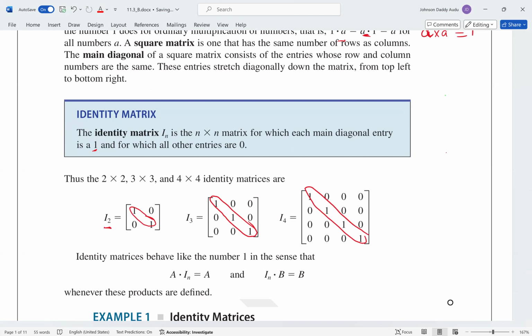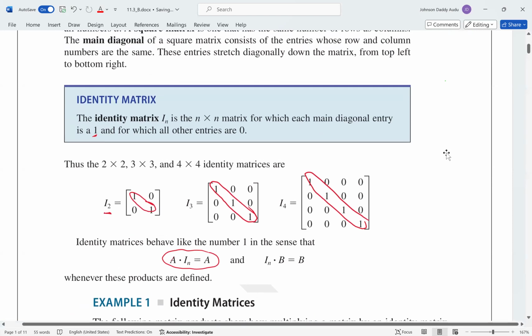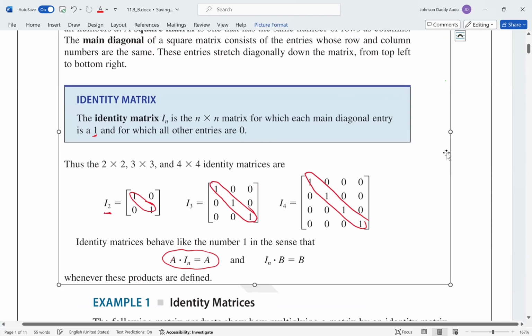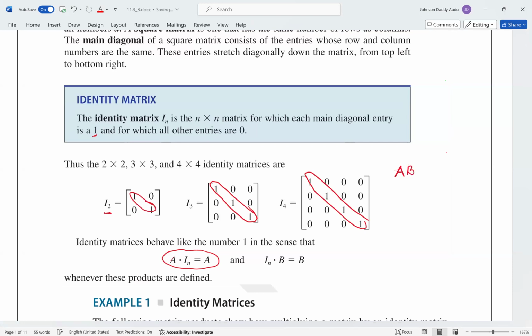So you see that if you multiply a matrix A by In, it's still going to be matrix A. And if you multiply In, an identity matrix, by a matrix B, it's still going to be matrix B. Don't forget, we know that AB is not always the same thing as BA, but if you are dealing with an identity matrix, it's okay.